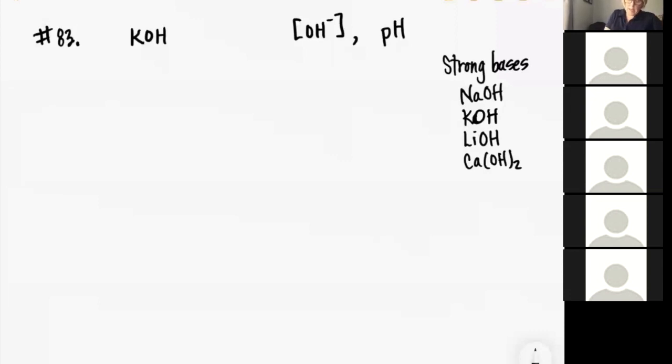So the KOH concentration initially is going to be equivalent to the OH negative concentration at equilibrium. So does it give us, oh, it's 0.15 molar. So that's going to mean its concentration of OH is also 0.15 molar.